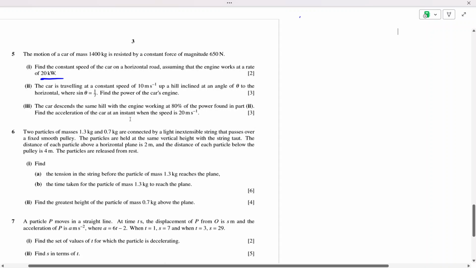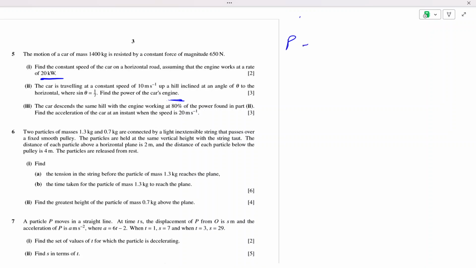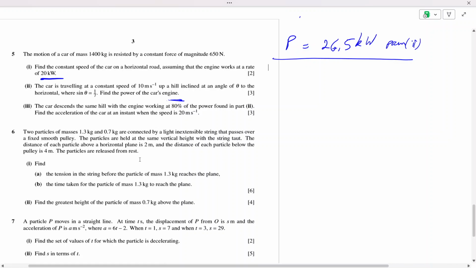And then part 3. The car descends the same hill with the engine working at 80% of the power found in part 2. So the power that I found in part 2 was 26.5 kilowatts. That's the power that I found. So it says it descends working at 80% of the power.